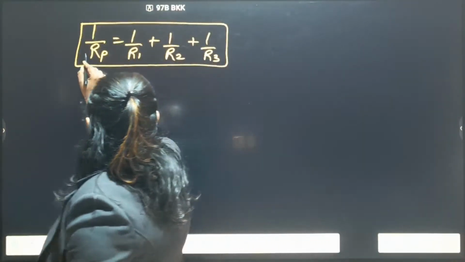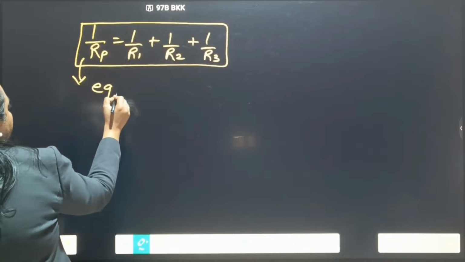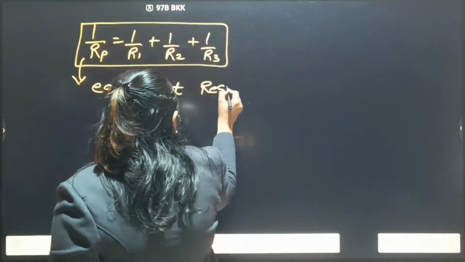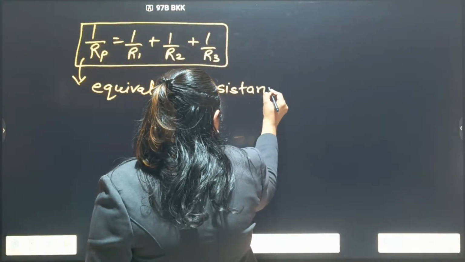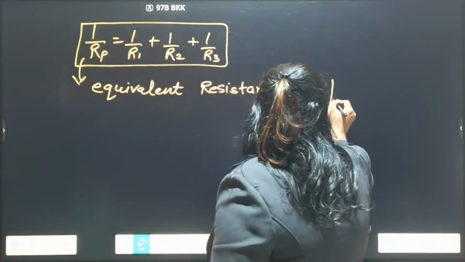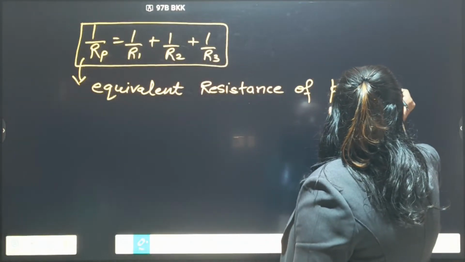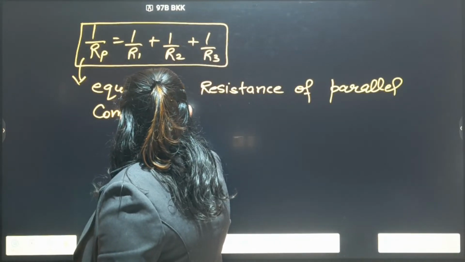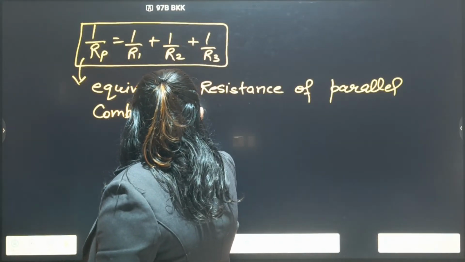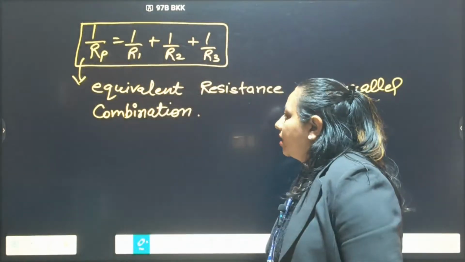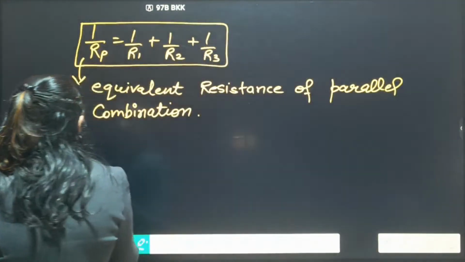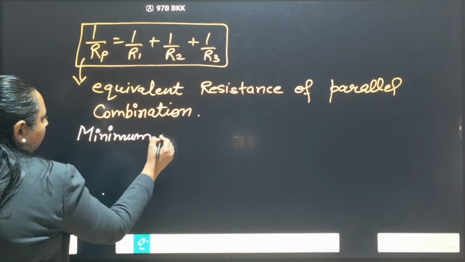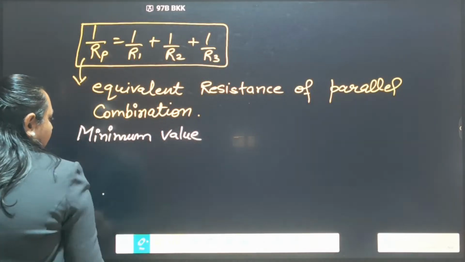ठीक है? This is the resistance of parallel combination, right? And this is the minimum, it has the minimum value, ठीक है?